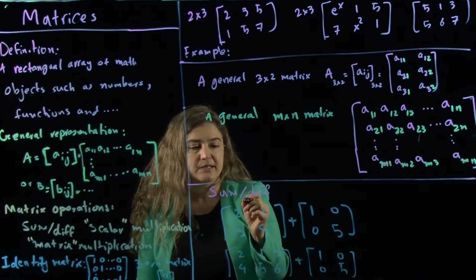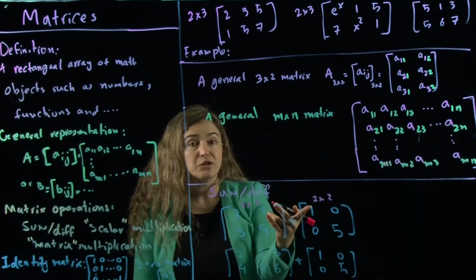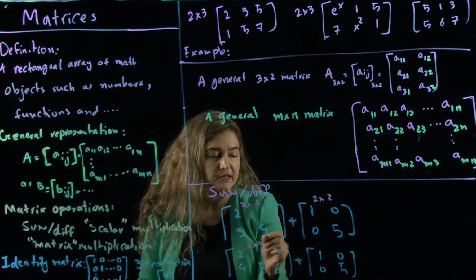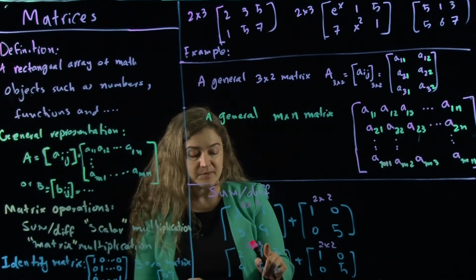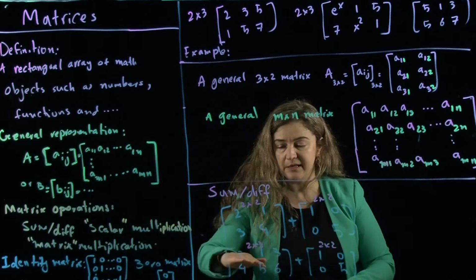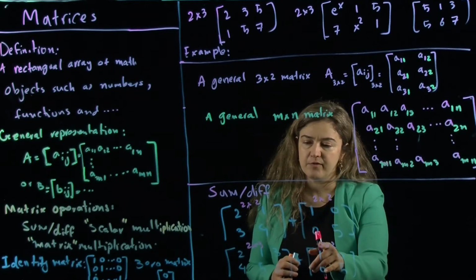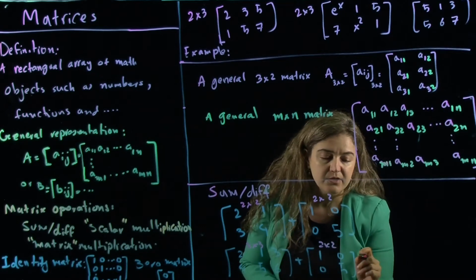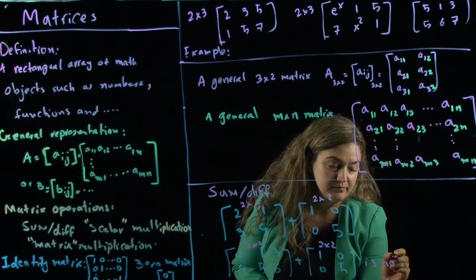Because the first one is a 2 by 2, and the second one is a 2 by 2. Both sizes are the same. This one is 2 by 3, and this one is 2 by 2. And the number of columns in the first one is not the same as the number of columns in the second one. So this is not defined.